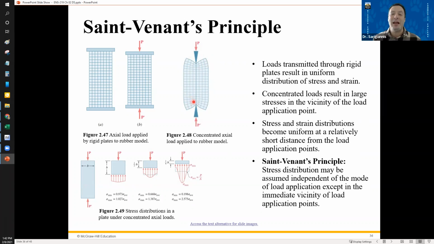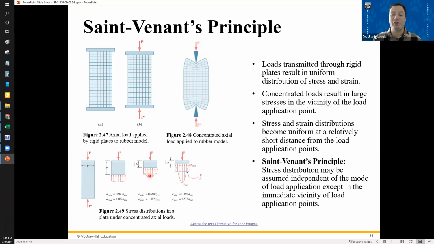It becomes uniform at a relatively short distance from the load application point. So you can see here, Saint Venant's principle says within about the width, you wind up with a fairly even distribution of stress and strains from a concentrated load.